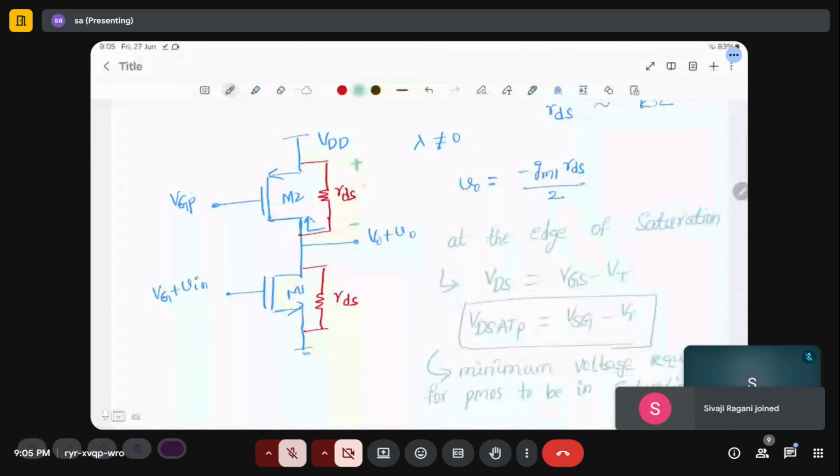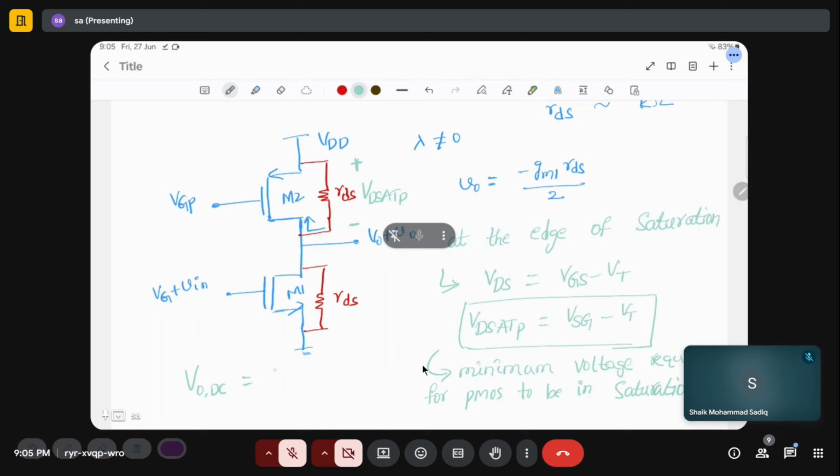So this is VDsat P. So what is the DC voltage V naught? V naught DC is VDD minus VDsat P. This VDsat P will be in the order of 0.2 volts, 0.25 volts like that.